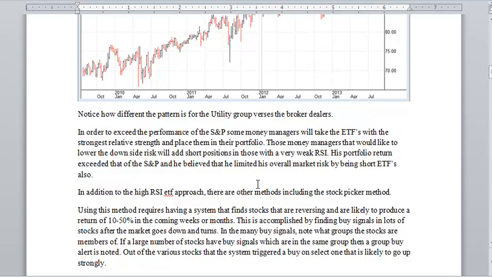He looks for high relative strength ETFs, and this isn't just relative strength in terms of the RSI index. This is relative strength with respect to each other. He'll take 30 or 40 ETFs and see how they're doing compared to each other.